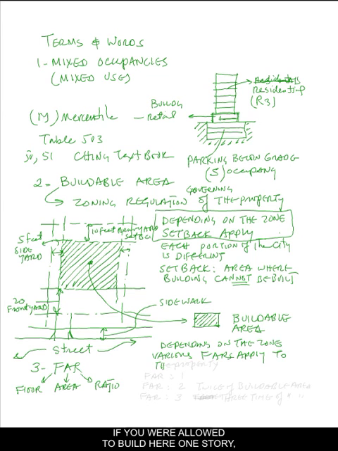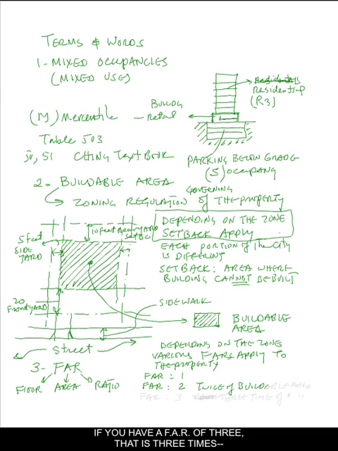If you were allowed to build here 1 story, that means right here, your FAR is 1. If you were allowed to build with FAR of 2, that means twice of buildable area.